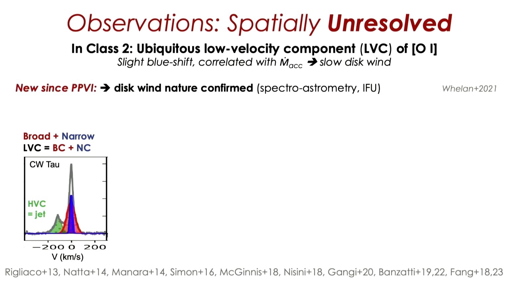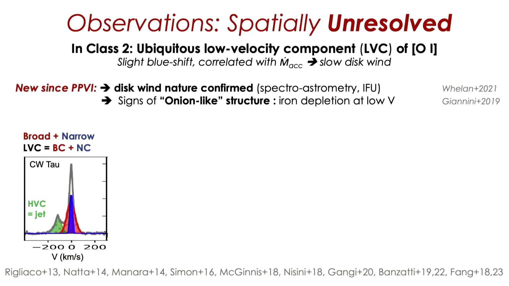Since PP6, there has been direct evidence that this is really a disk wind, because we see it in spectroastrometry. We can measure the shifts even though the emission is unresolved. You can see that it's shifted slightly above, a few tens of AU above the disk surface, in the blue shifted direction.